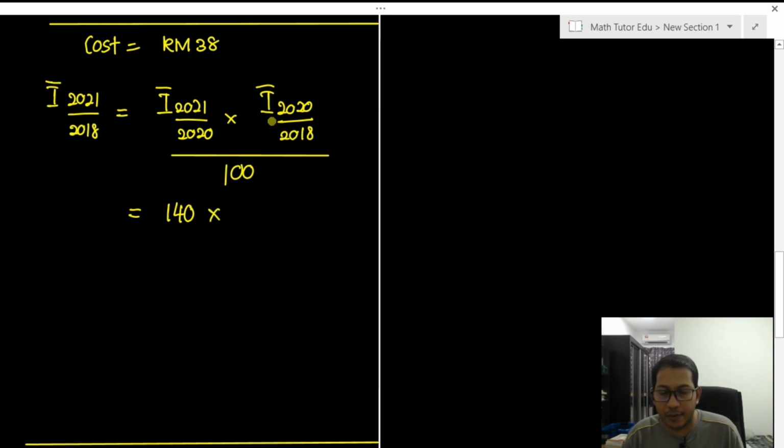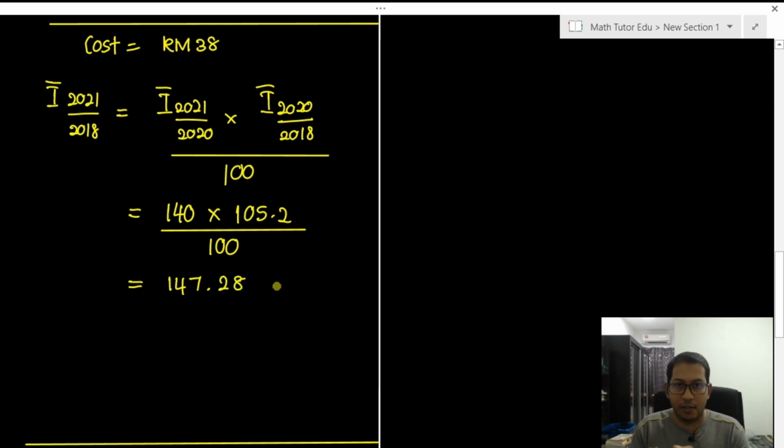The price index for the year 2020 based on the year 2018, which you have already calculated in part B, in this case is 105.2, and then you divide with 100. You calculate this, and you should get the composite price index of the year 2021 based on the year 2018 is 147.28. This is not the final answer.